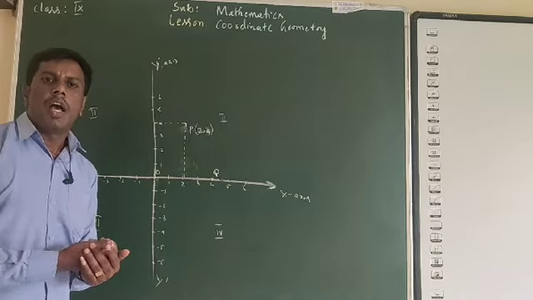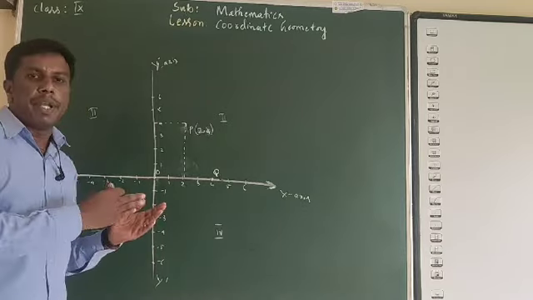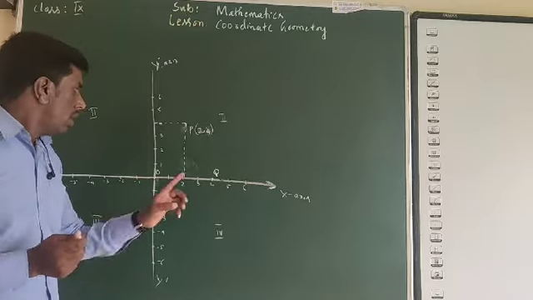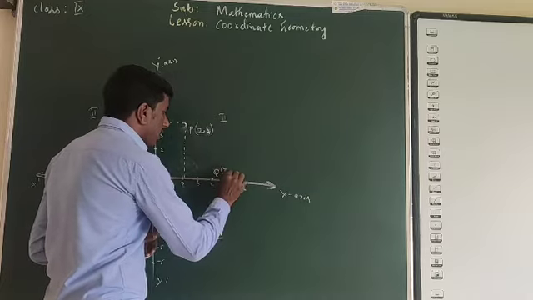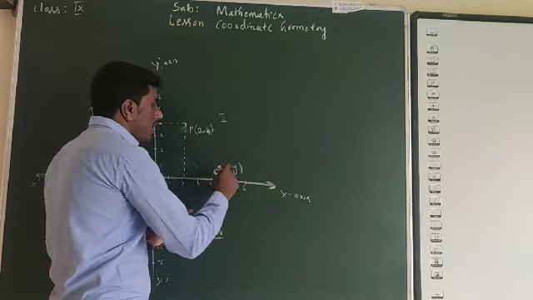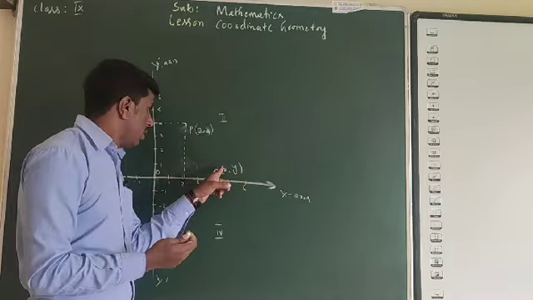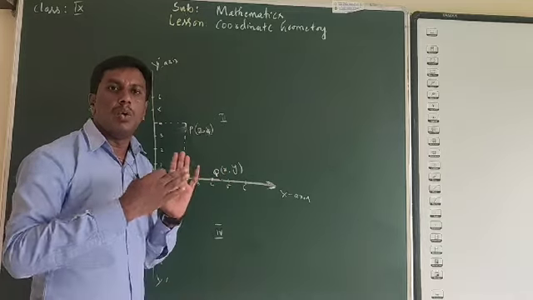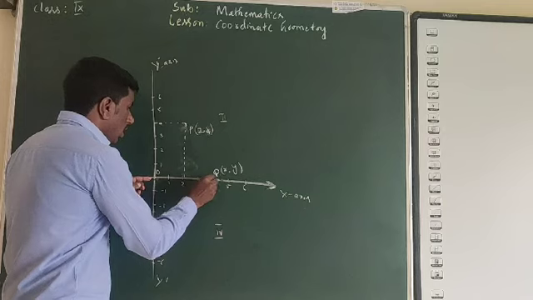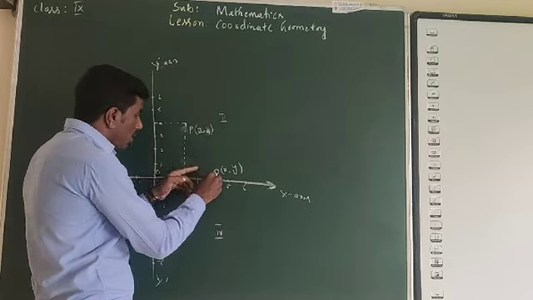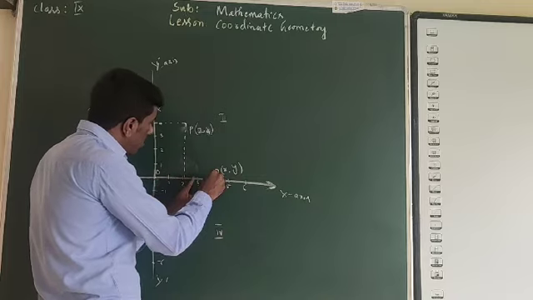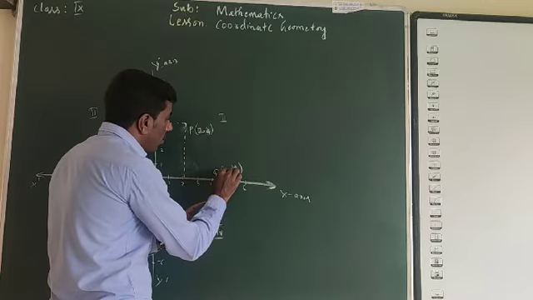Abscissa is the perpendicular distance from the y-axis. It should be in terms of x, y, ordered pairs. So what is x? x is the perpendicular distance from the y-axis. What is the perpendicular distance of this point from the y-axis? This is the y-axis. 1, 2, 3, 4. So x is 4.